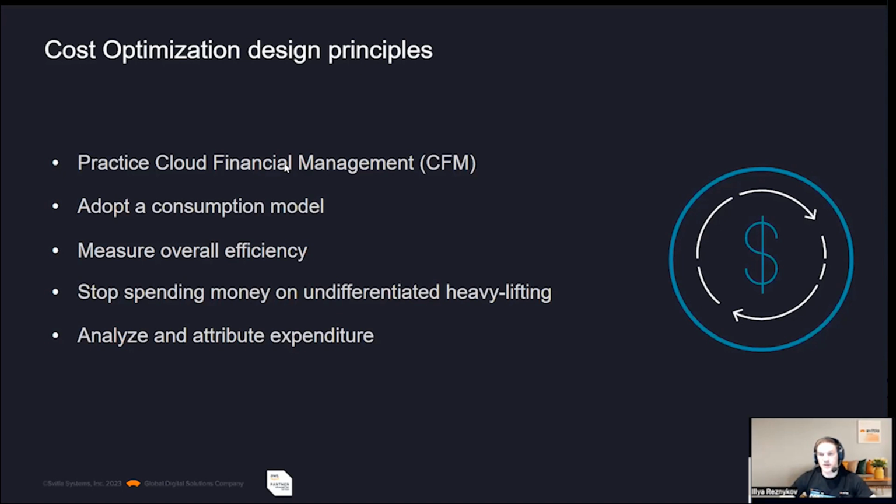The organization should understand which departments or teams own which resources, or which workload owns which resources. Then based on that, we may analyze whether this particular workload is cost optimized or not.